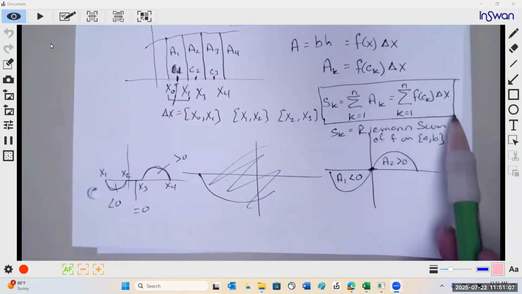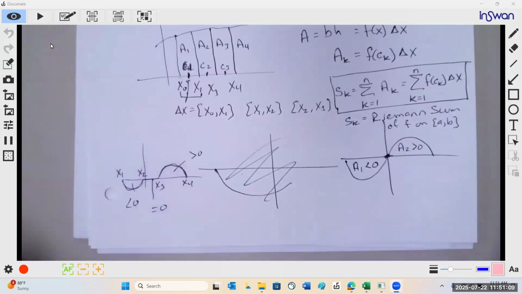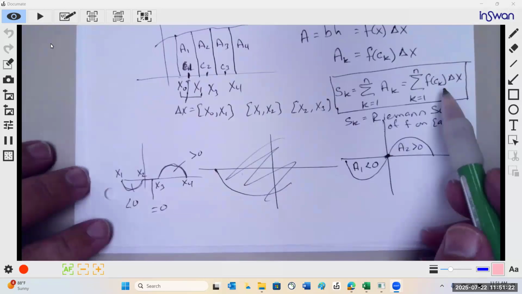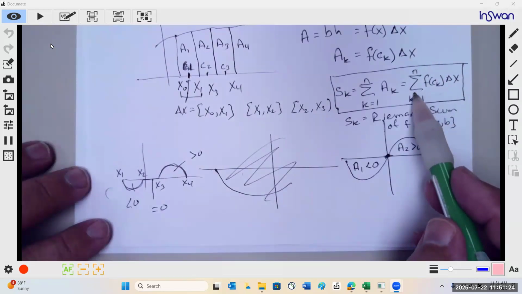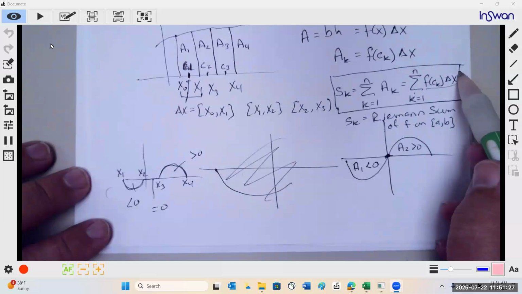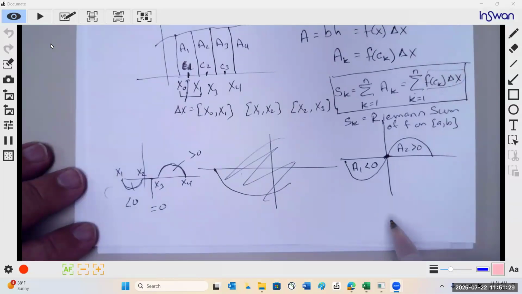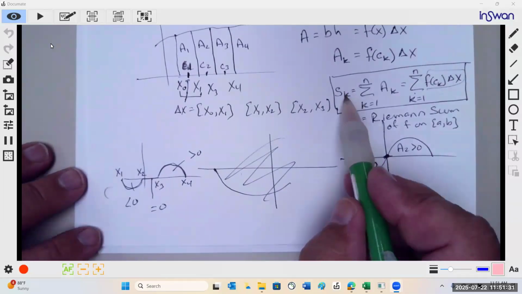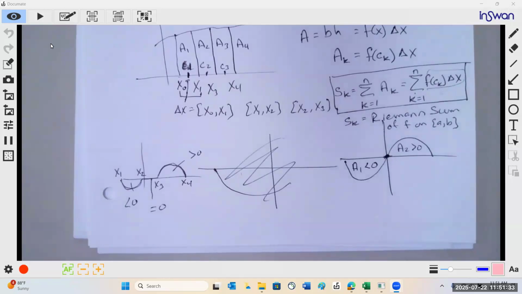So that formula right there, I'll start on the next page. Because what the Riemann sum talks about is the summation of all these little sub areas. That'll give you an overall area of the curve within your interval, AB.